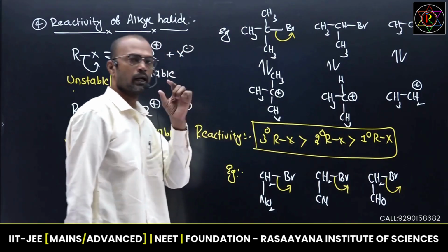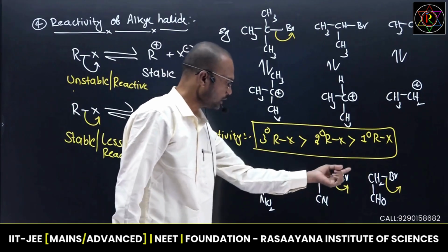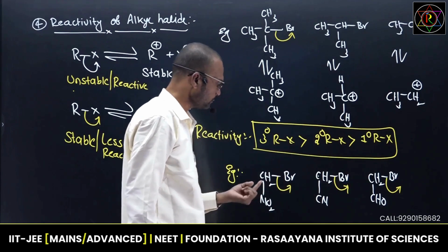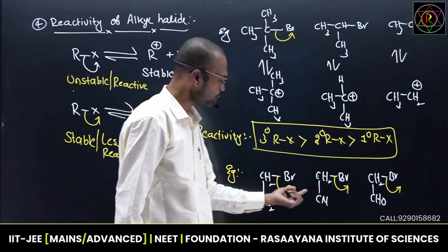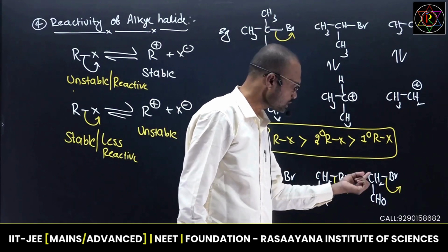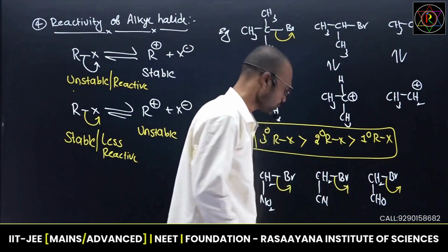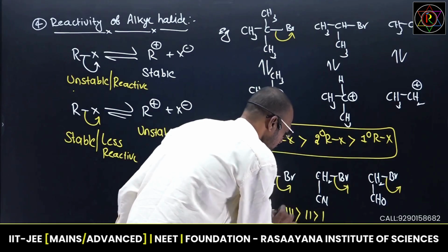Which is the most stable cation, that is more reactive after removing halogen. Suppose I remove bromine here, you will get a cation. This cation is destabilized by nitro. Nitro is a powerful withdrawing group, followed by cyano and aldehyde. So this is a little bit better because it is a weak withdrawing group. Cation is a little bit stable. So I can say the third one is more reactive, then the second one, and then the first one. This is the reactivity order.